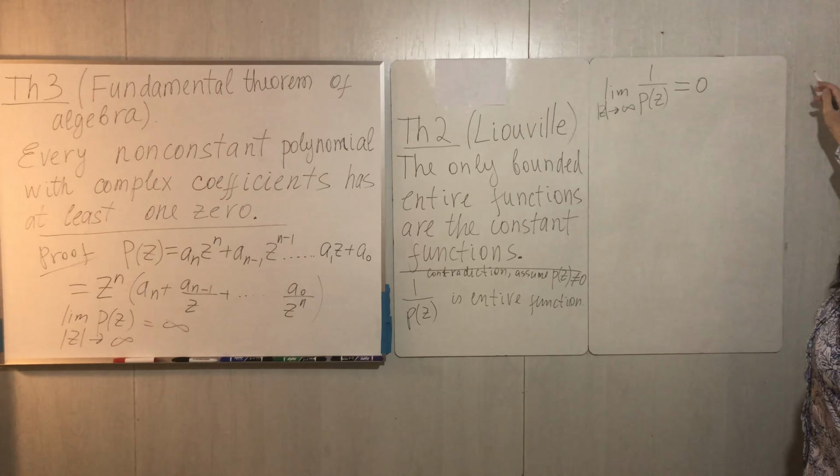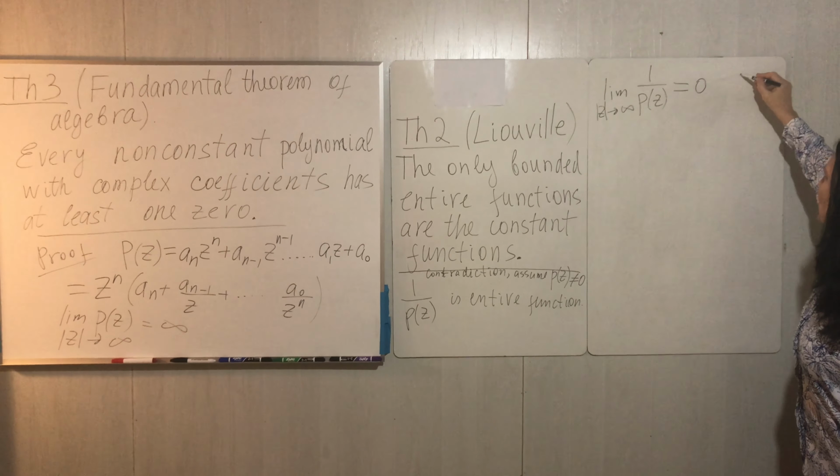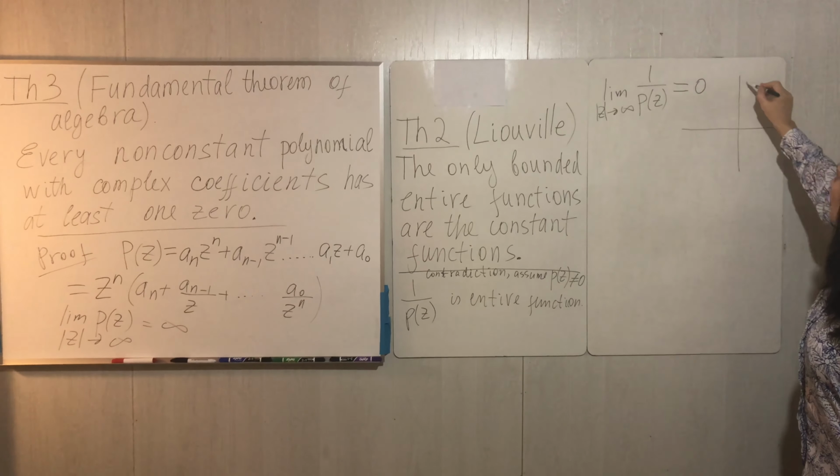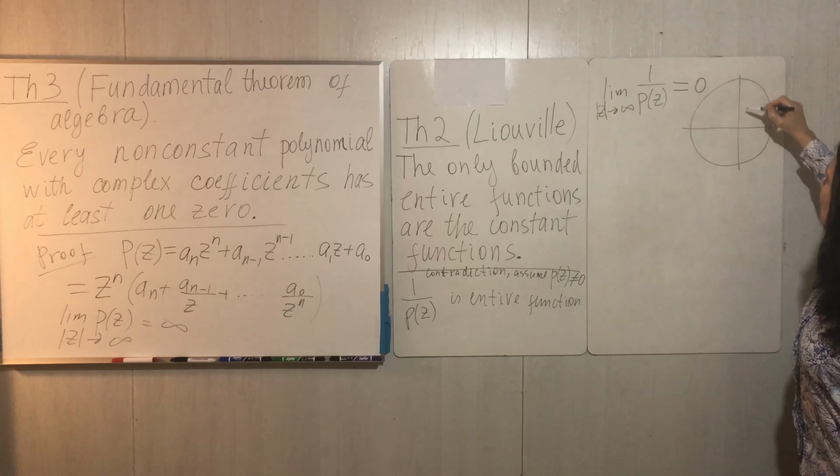So if it goes to 0, it will be getting smaller and smaller. Assume that we have a circle of a big radius r.